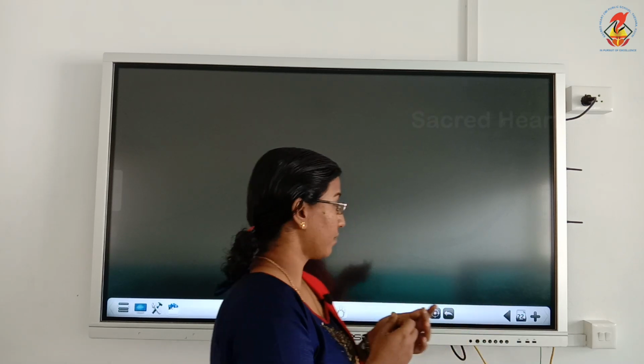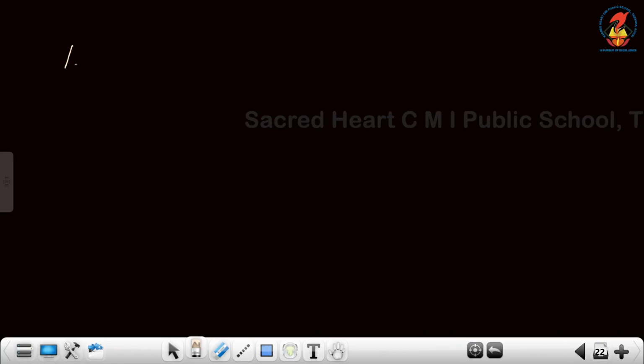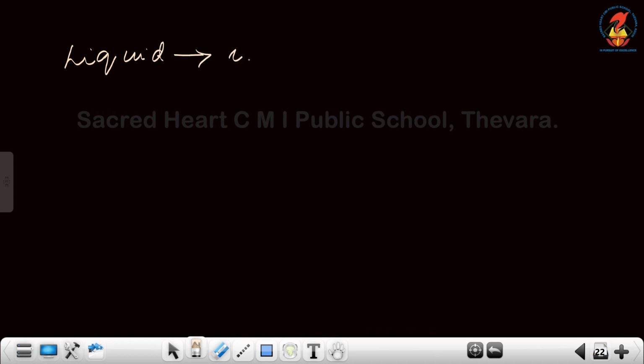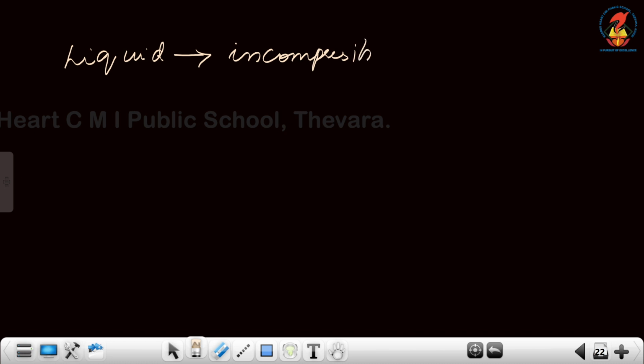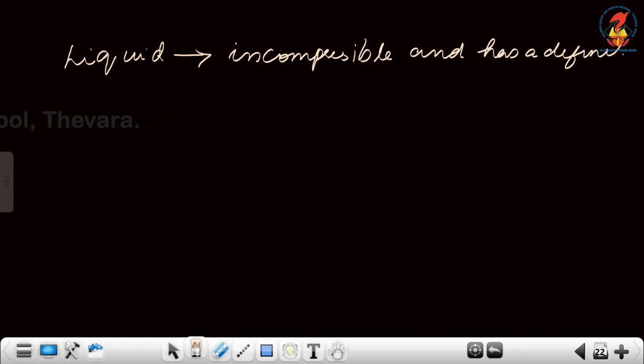And definitely the liquids have a definite volume and shape. So one of the differences between liquid and gases: liquid is incompressible and has a definite shape.